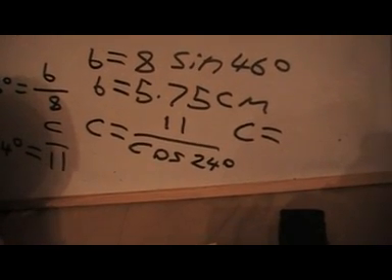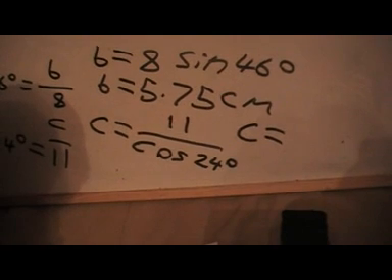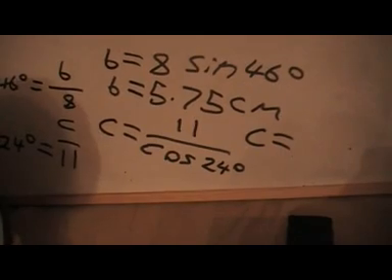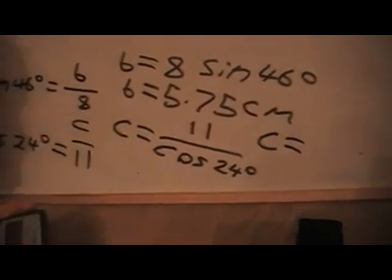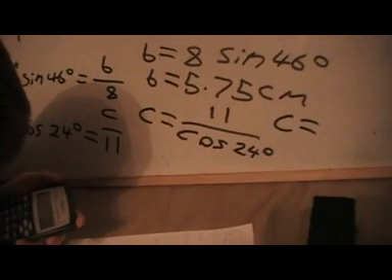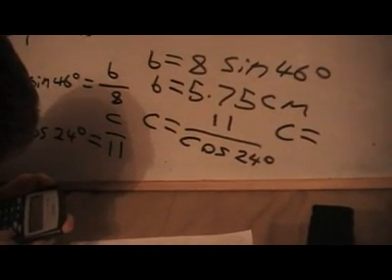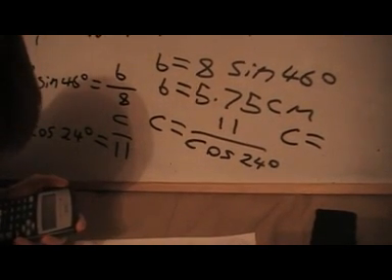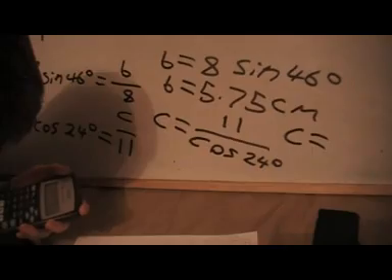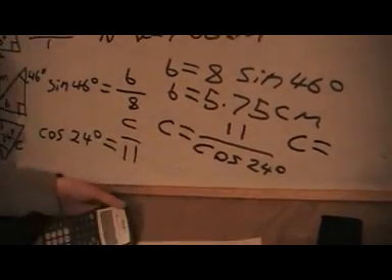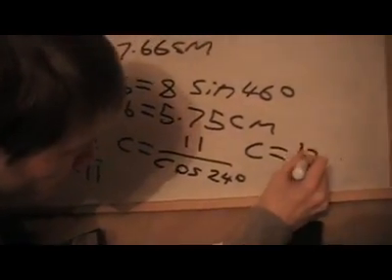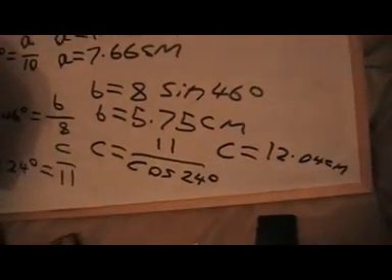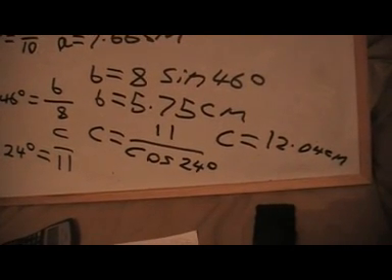You need to be careful when you do this one, because some calculators, if you don't put brackets around both things you divide, will give you the wrong answer. So I'll type in the bottom, which is the cosine, type in the angle. Now I need to close both brackets, just in case. I get 12.04 centimeters. And that's only the two decimal places.